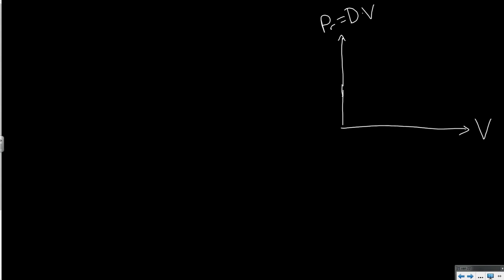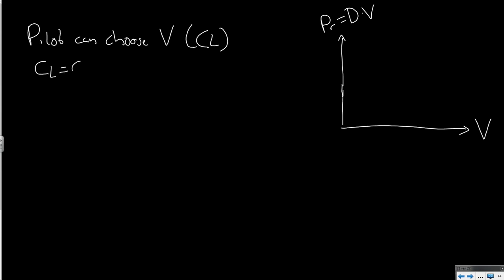Now the pilot can essentially choose the airspeed, or in other words, the lift coefficient, because at each different airspeed we need a different lift coefficient. Now let's assume we're flying at a specific lift coefficient, and let's just start with CL max.